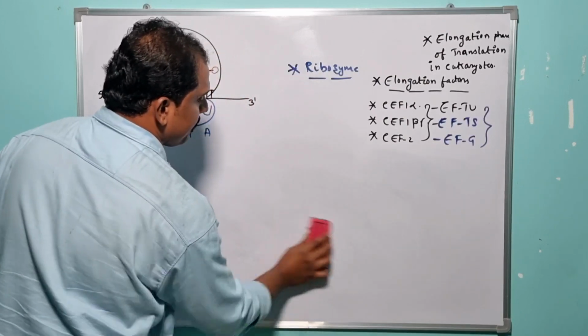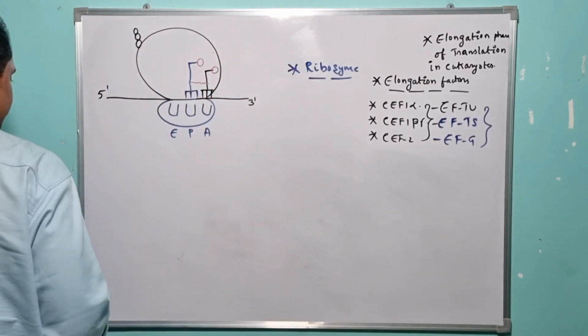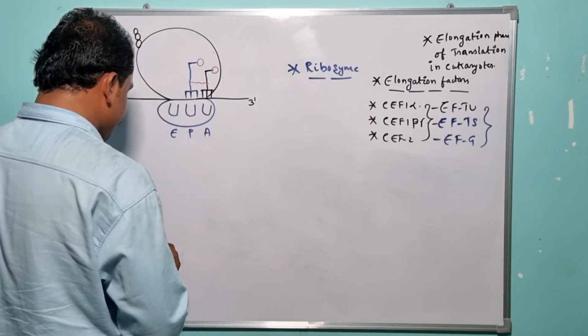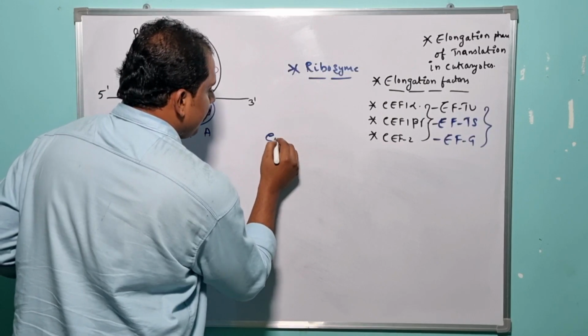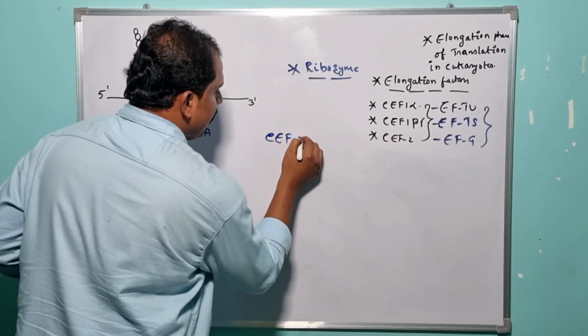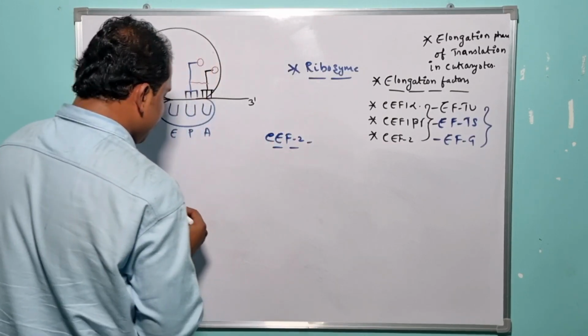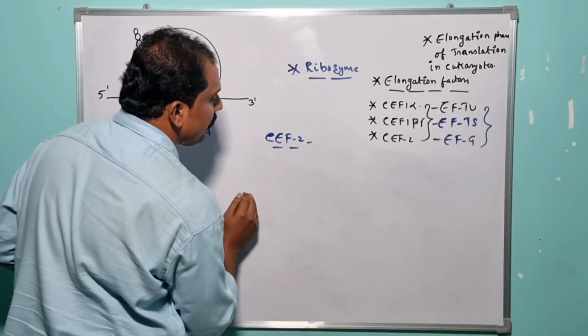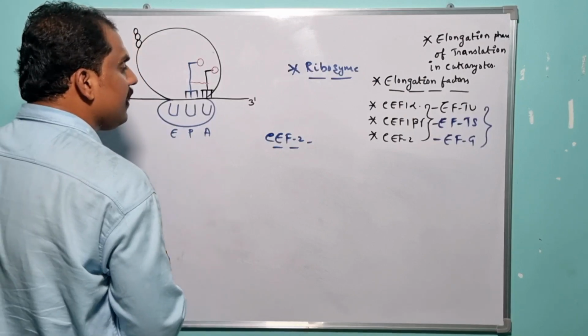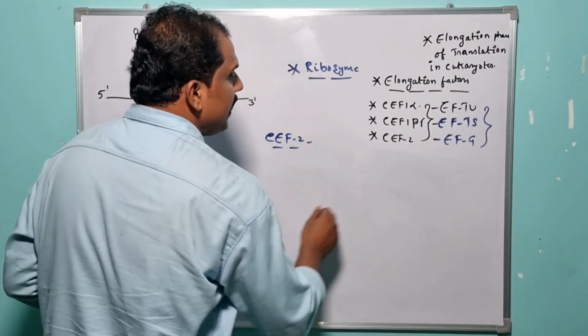in the very next step, one more elongation factor comes into the picture, and it is nothing but what? Eukaryotic elongation factor 2. So what is the role of eukaryotic elongation factor 2? The specific eukaryotic elongation factor 2 is quite homologous to EFG of the prokaryotic elongation phase, right? In what way?